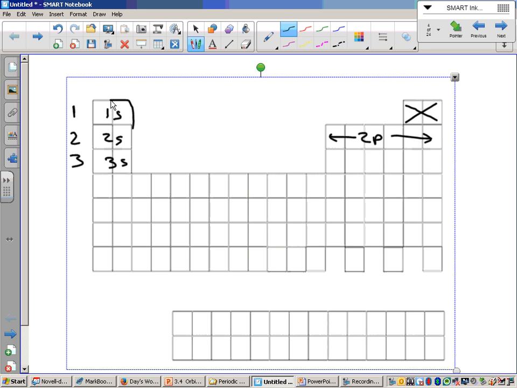By the way, this particular whole group here is called the S block, because all of the atoms in this part of the periodic table have their electrons going into the s orbitals. As I work my way across, I've lost my little black marker that I was writing with. 3s, 3p.